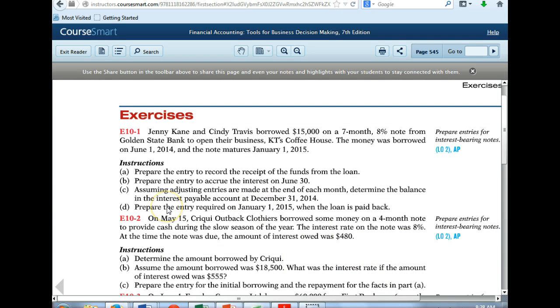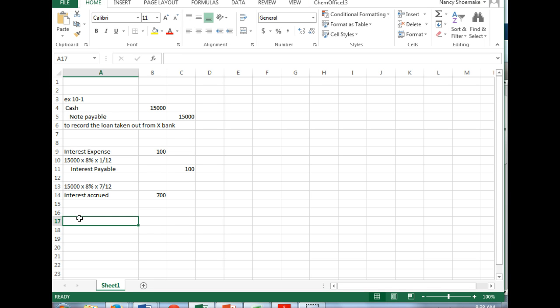Next, prepare the entry required on January 1st, 2015 when the loan is paid back. Let's think about that. What are some items we're going to do here? We're going to have a note payable of 15,000. What else will we have to debit to get rid of?